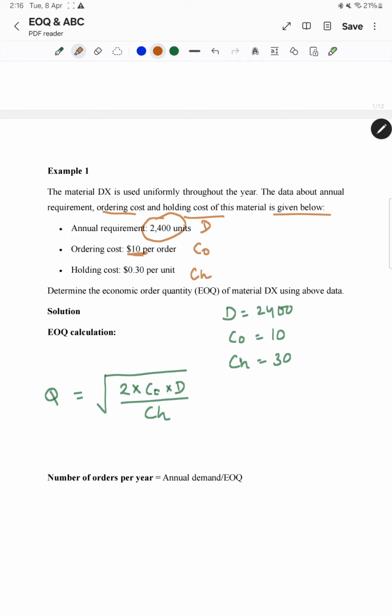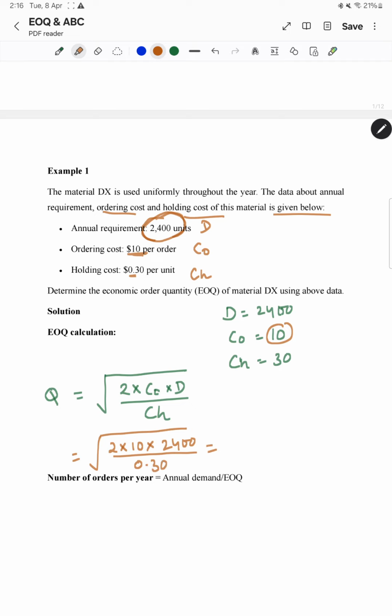This implies square root of 2 into 10 into 2400, whole divided by holding cost CH, sorry, this is not 30 rupees, this is 0.30, that is cents.